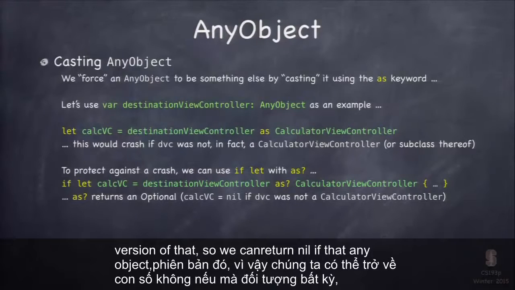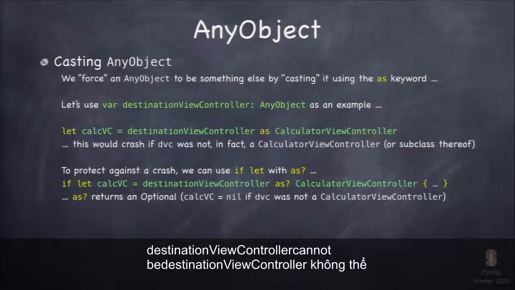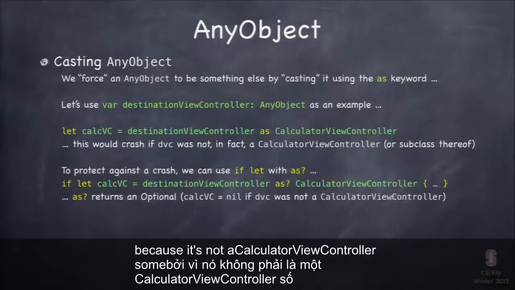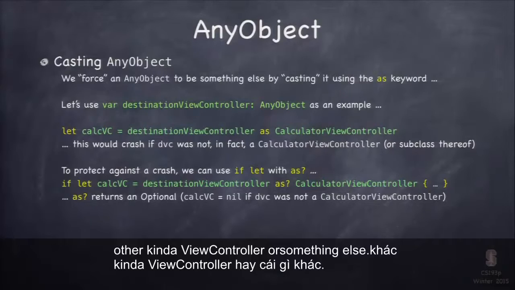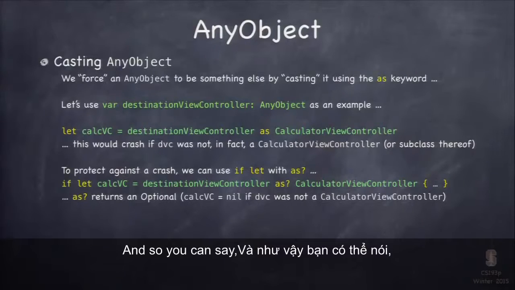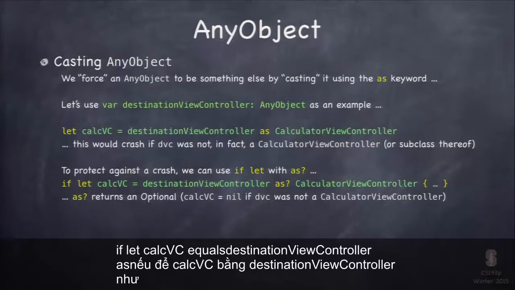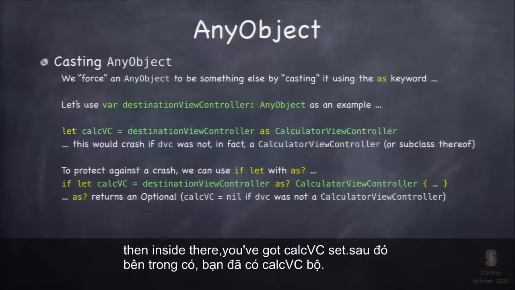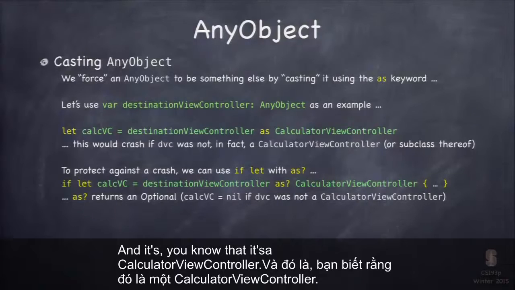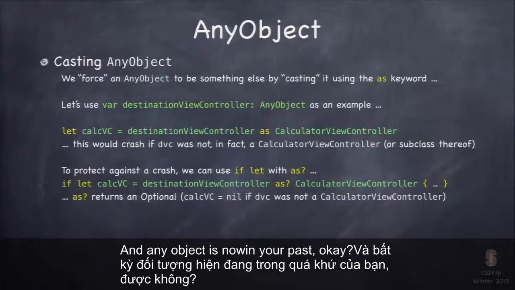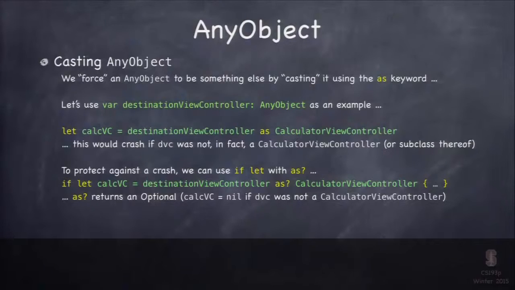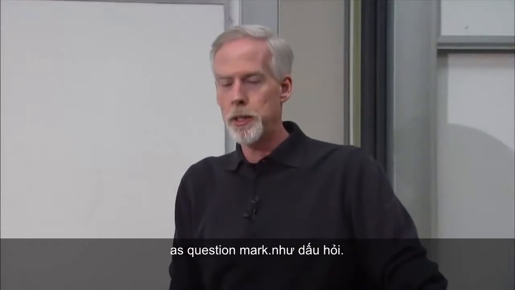So we can return nil if that any object, destination view controller, cannot be turned into a calculator view controller because it's not a calculator view controller, it's some other kind of view controller or something else, all right? And so you can say if let calc VC equals destination view controller as calculator view controller, and then inside there you've got calc VC set, and you know that it's a calculator view controller, and any object is now in your past, okay? Make sense? So we get as and as question mark.